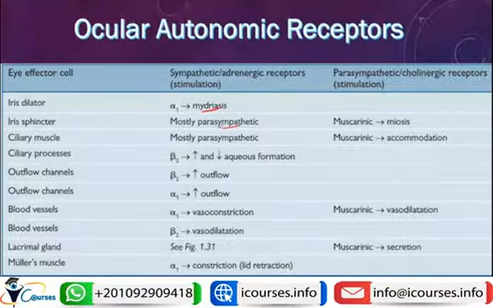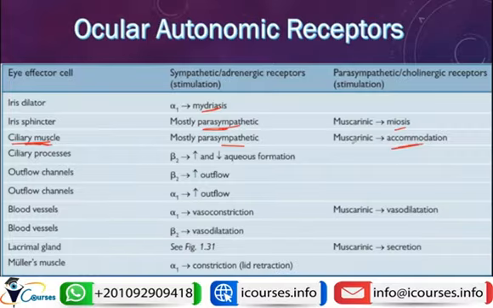The iris sphincter has parasympathetic receptors causing miosis. The ciliary muscle has parasympathetic receptors causing accommodation, or if there is a muscarinic action, this will result in accommodation.